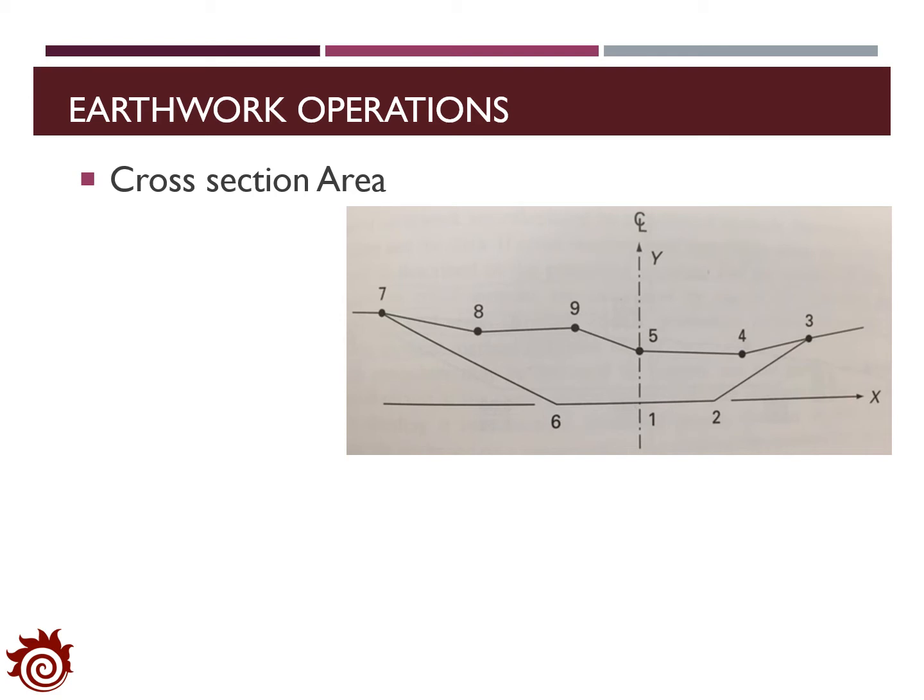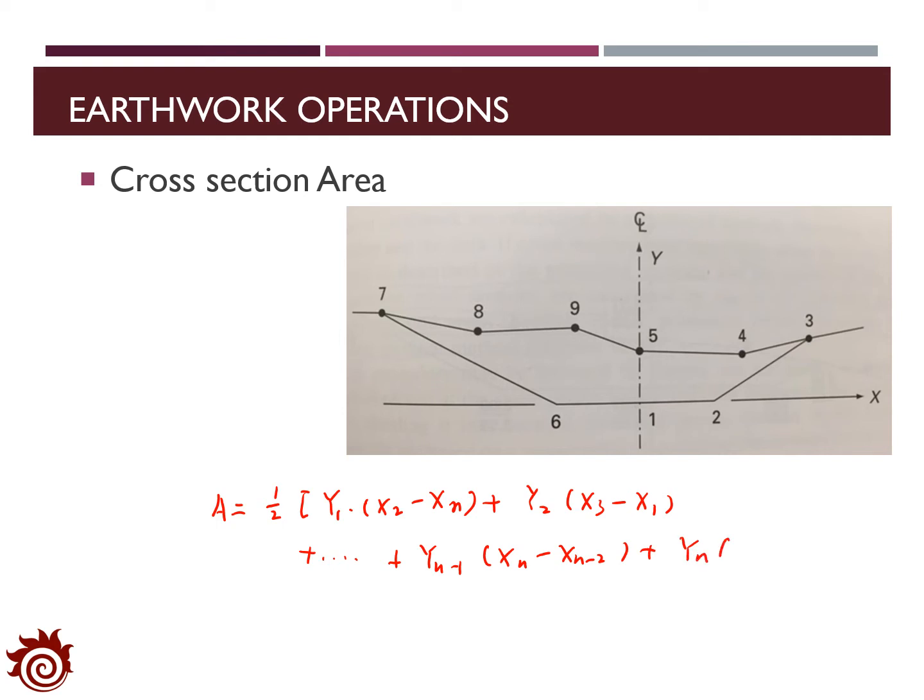So assuming that we consider the cross-section as a multi-sided polygon and we know the coordinates of all the corners for this cross-section area, we can apply the coordinate method to find the area as 1/2 of y1 times (x2 minus xn) plus y2 times (x3 minus x1) plus until you have yn minus 1 times (xn minus xn minus 2) plus yn times (x1 minus xn minus 1).